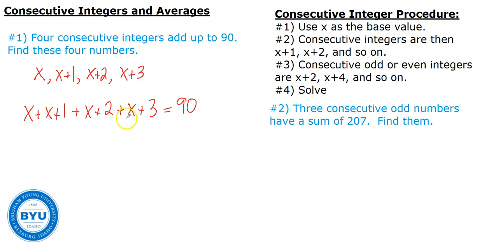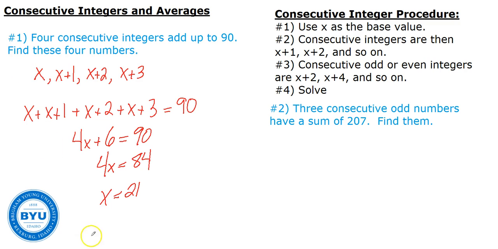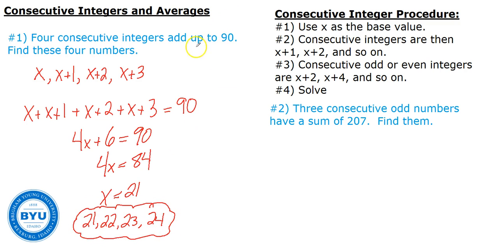I've got x plus x plus x plus x, that's 4x, plus 1 plus 2 is 3, plus another 3 is 6, which equals 90. Minus the 6 over, we get 4x equals 84. When we divide by 4, we get our answer of 21, meaning that the numbers would be 21, 22, 23, and 24. Those are the 4 numbers that are consecutive and that add up to 90.